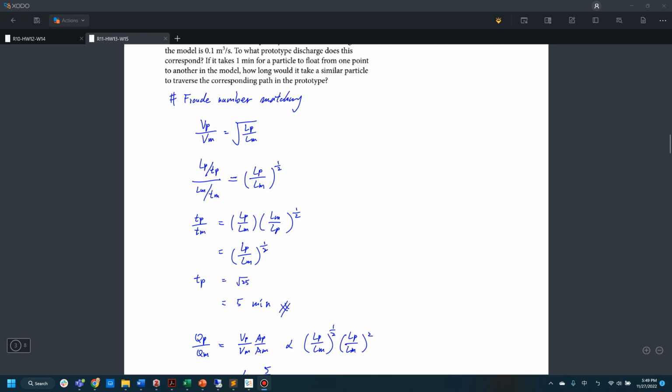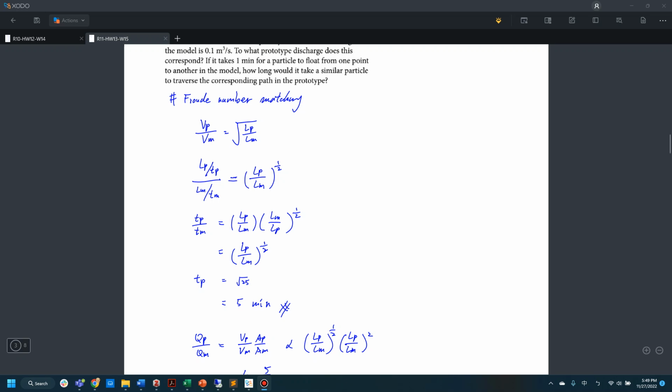And because we want to solve the travel time, we will need to rewrite this velocity into the length divided by the time.